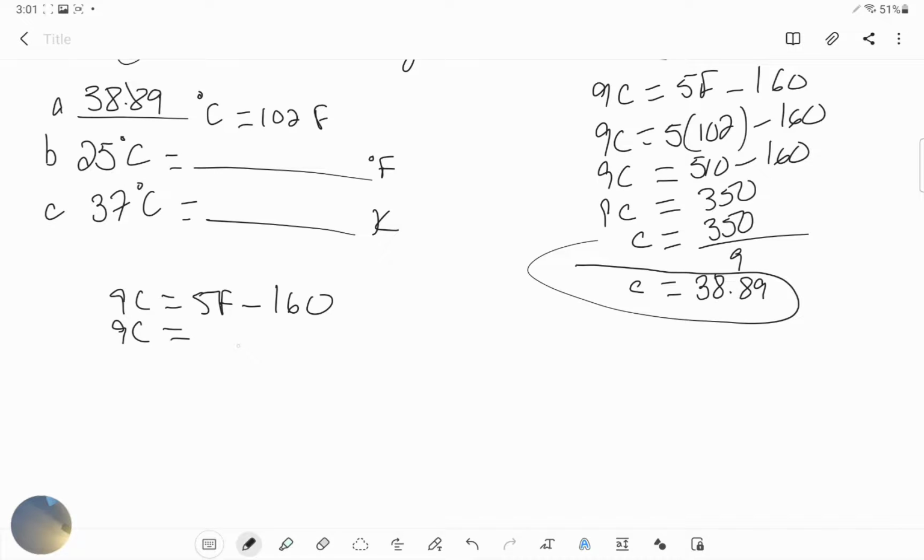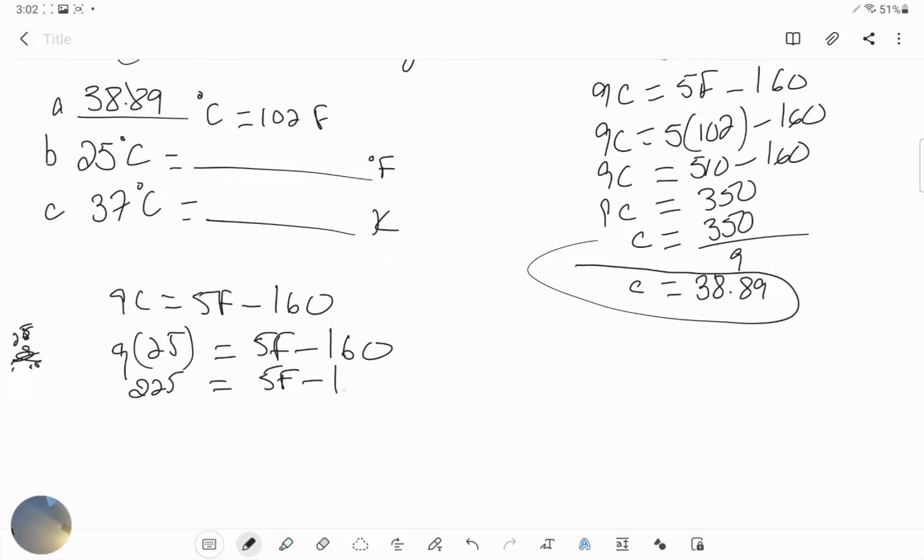We place C by its value, so 9 times 25 equals 5F minus 160. 25 times 9 will be 225. So 225 equals 5F minus 160.